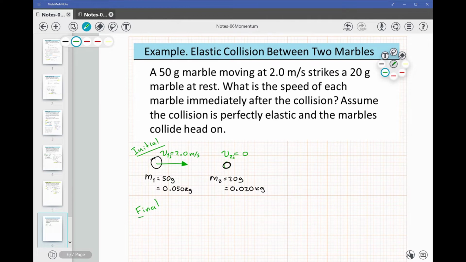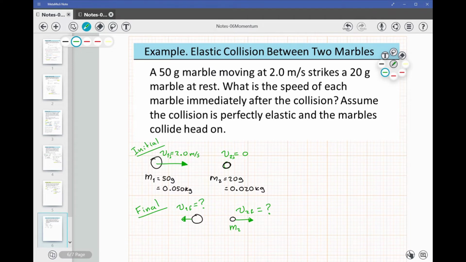We can add an i index to indicate these are velocities at the initial time. At the final time, after these two marbles collide, they will be moving as separate objects. So probably marble 2 will be moving to the right with some final velocity that is unknown, and marble 1 will be moving probably to the left with some final velocity that is for the moment unknown.